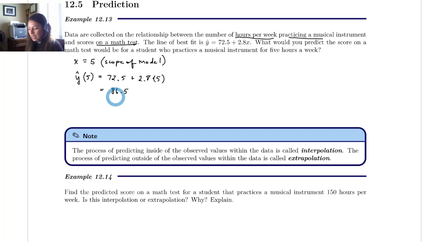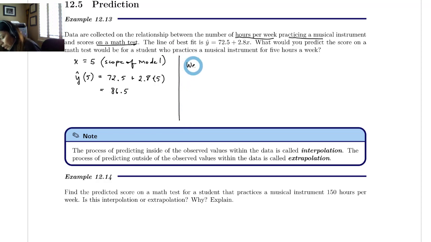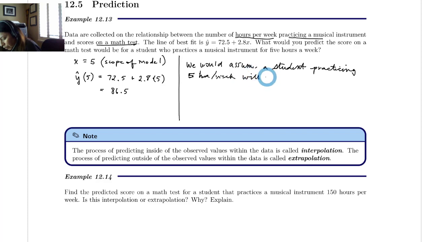So what does this say? This says that we would predict or assume a student practicing 5 hours per week will earn an 86.5 on her math test.